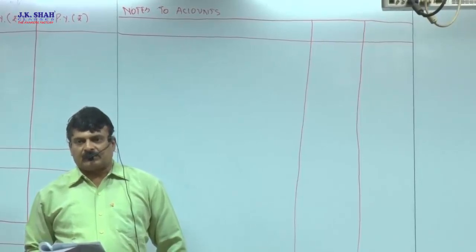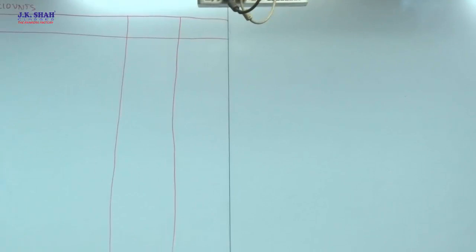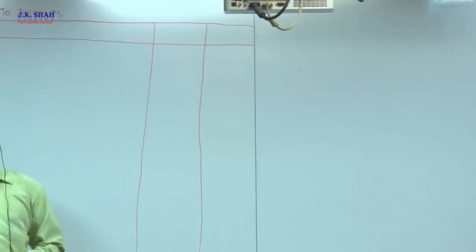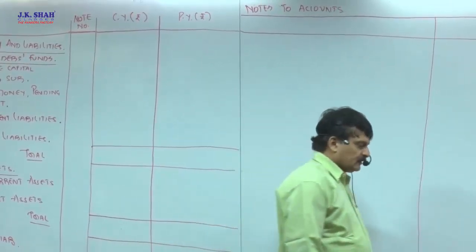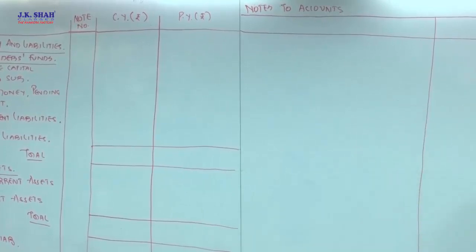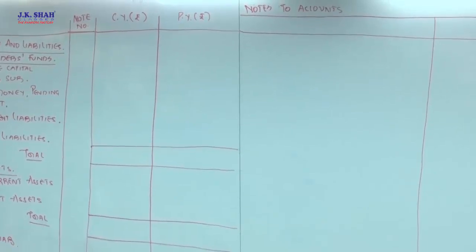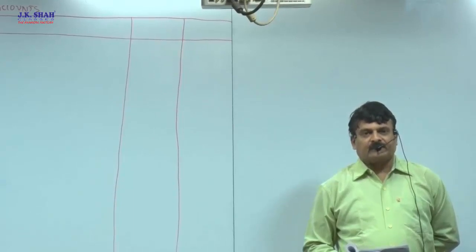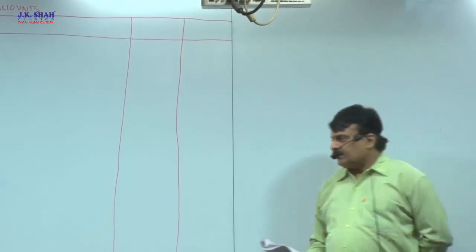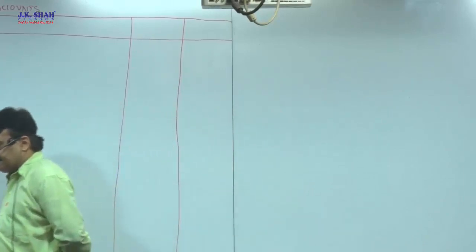Number 3, non-current liabilities. Underline that. In that A, long-term borrowings.